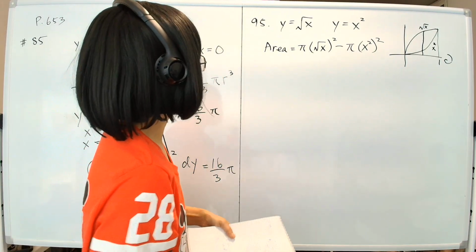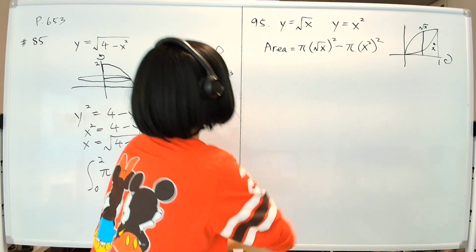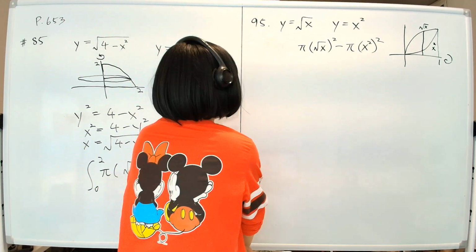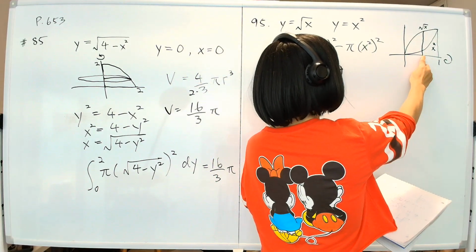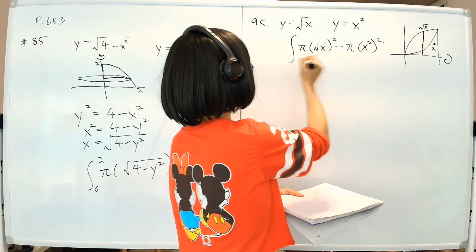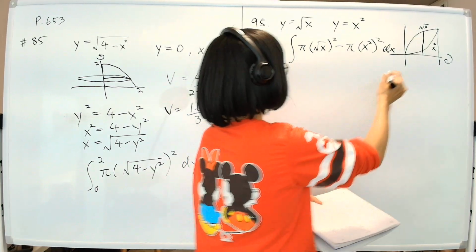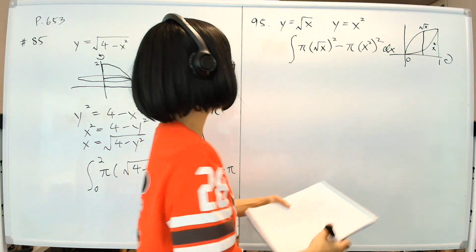So then the volume, actually, let me erase this statement here. That's our area, and then our volume is integrating along the x-axis. Here's our little delta x there, which represents the x. So we will integrate this thing, dx, from 0 to 1, because that's where they intersect.